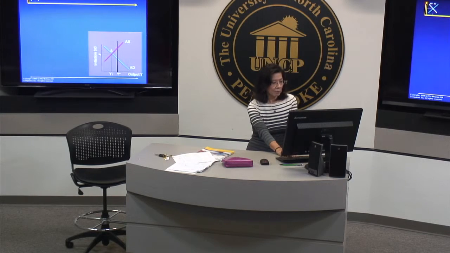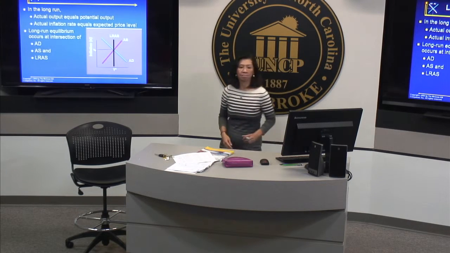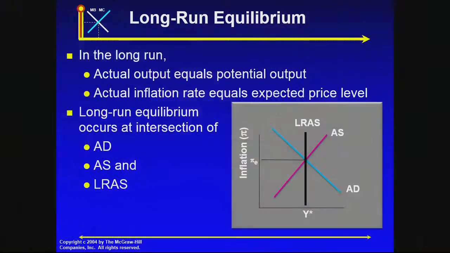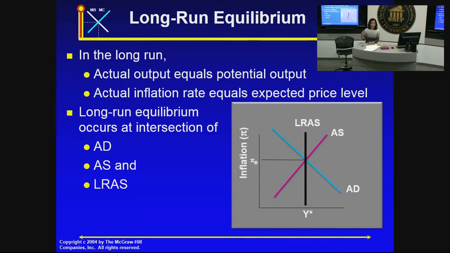So next, the assumption for point A, which has a special name, initial long-run equilibrium, what does that mean? That means you have three lines, aggregate demand, aggregate supply, and LRAS, intersecting. It means that your actual output is equal to potential output. There is no discrepancy. Do you see any gap?